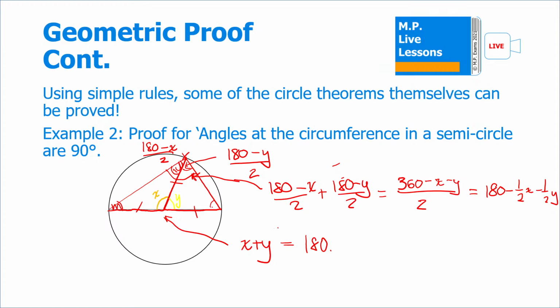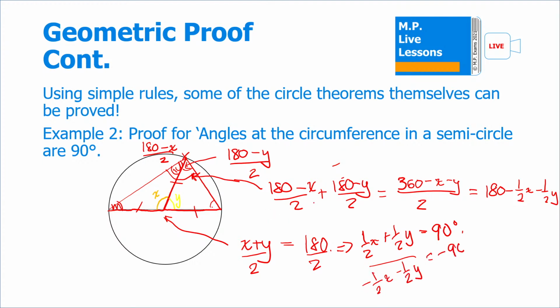Now, if you divide both sides of this by 2, you get half x plus half y equals 90 degrees. Now, if I substitute this half x plus half y, if you turn everything negative here, you get minus 90 degrees. So that's what it is here. That means you get 180 minus 90 here. That's 90 degrees. Now that's a tricky proof there.